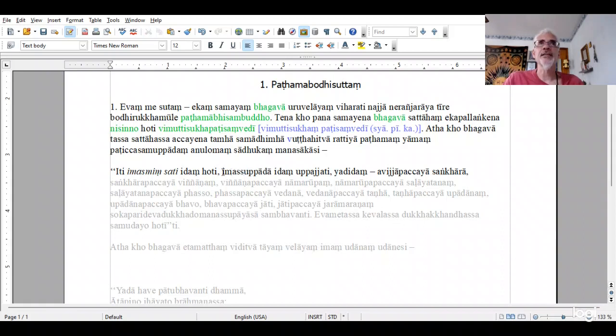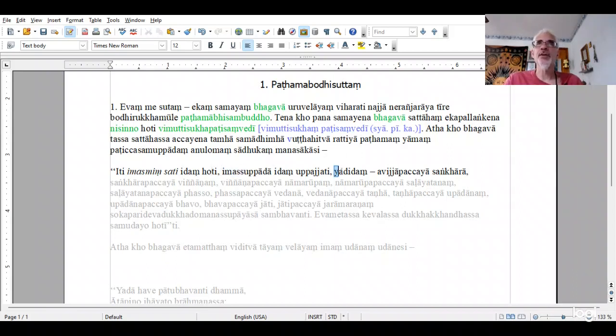And then, like I said, this is imassa, a genitive singular, neuter genitive singular demonstrative pronoun, the arising of this. And this is in the ablative, and ablatives are used sometimes to express cause. So because of the arising of this, this thing arises.